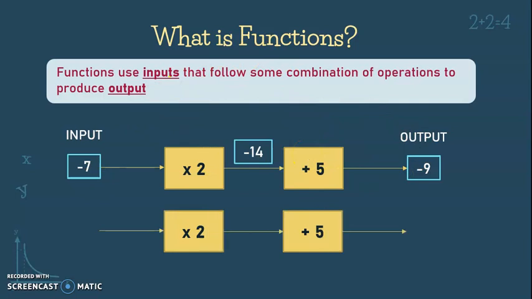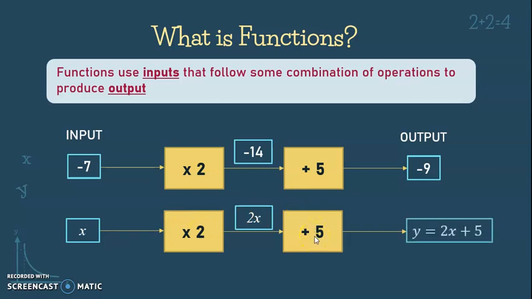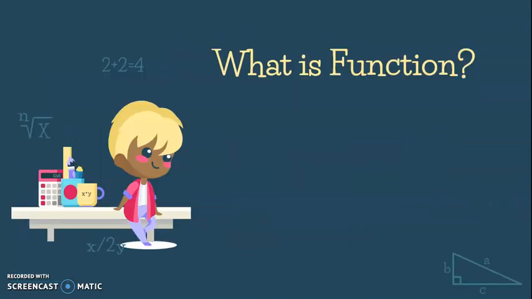So let's say we have the same combination, but in this case we use the input value of variable x. So x multiply with 2, we get 2x. Once we add 5, we get 2x plus 5. So this is the output value.